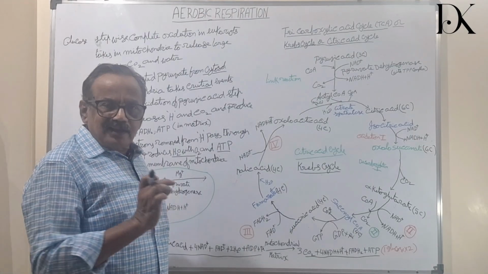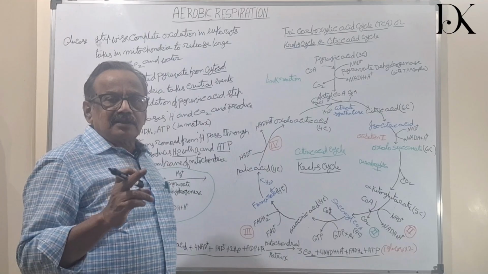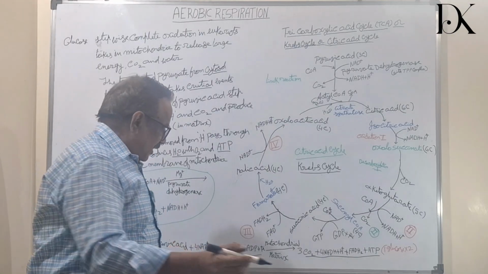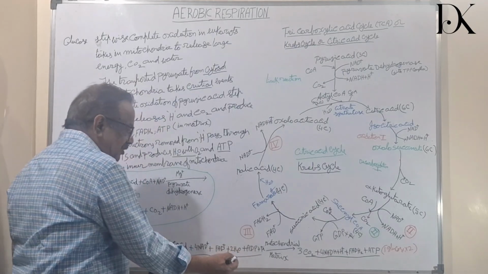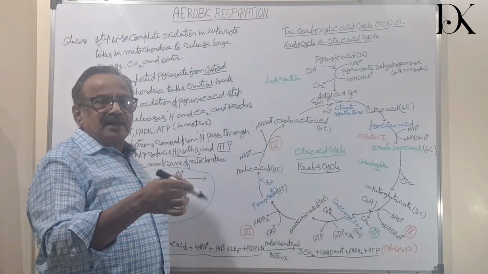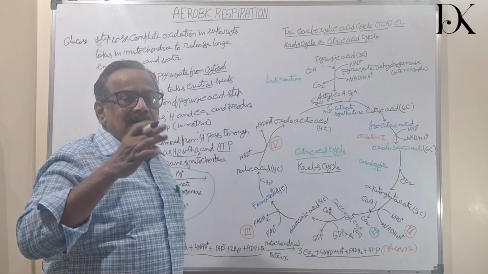And one more thing: in animals GTP will form, in plants ATP will form. The textbook has given formation of ATP, not GTP.